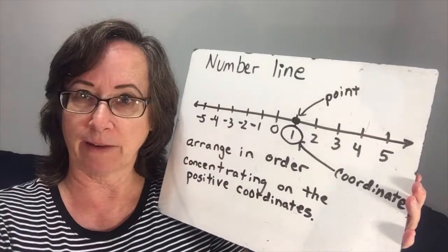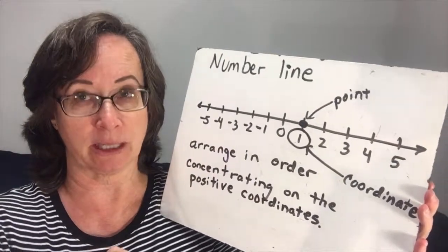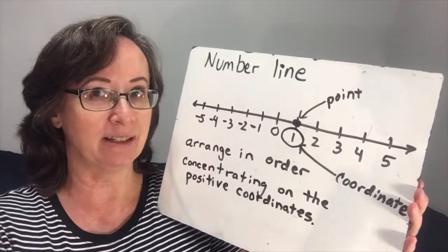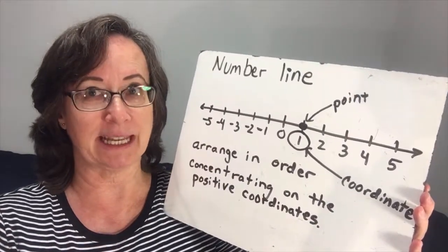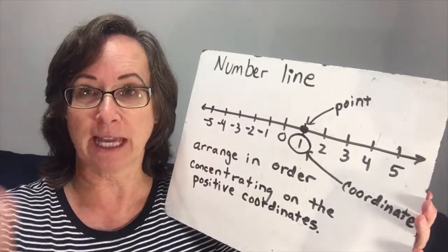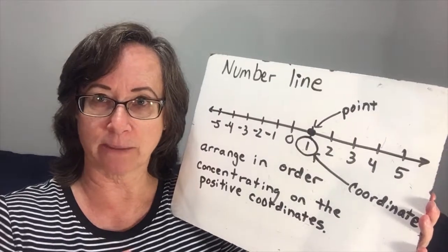Now, you're old enough to understand that our situation is not always positive, okay? You may have $10 in your piggy bank, and that would be positive $10, right? That's $10 that you have that you can go take to the store and spend. That would be a positive $10, okay?